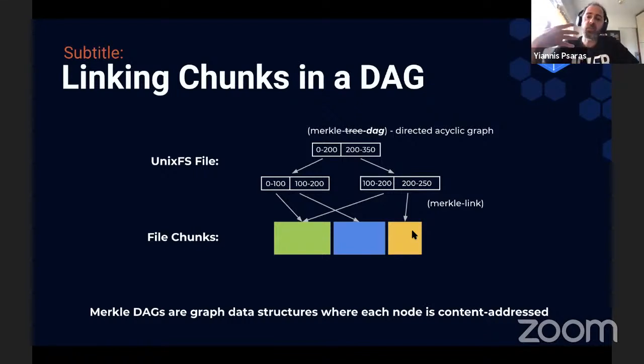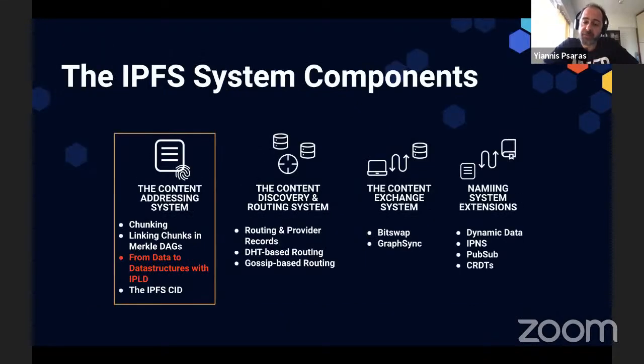And this is the Merkle DAG for this very simple, very small three-chunk file that we have. So Merkle DAGs are basically data structures where each node is content addressed. These different parts of the file have their own address, and therefore we can request them and fetch them from the network independently.